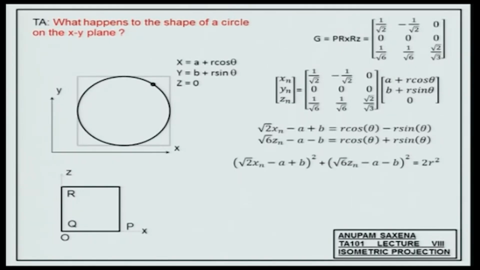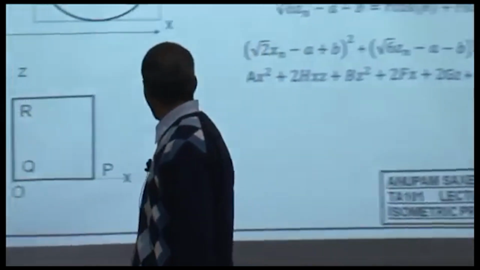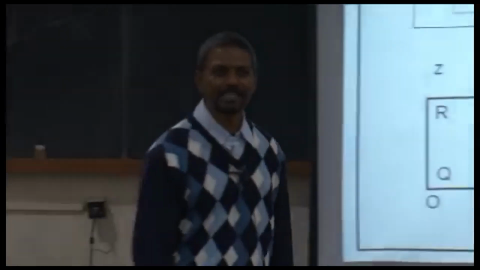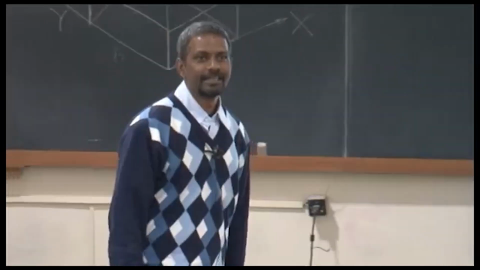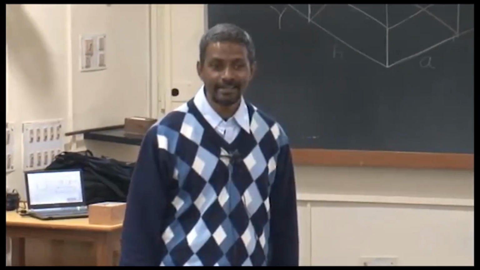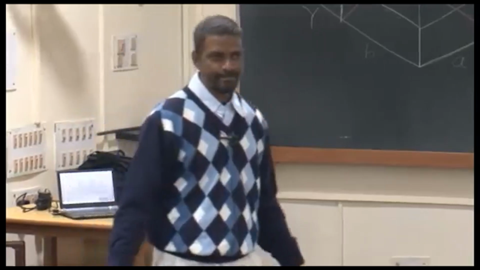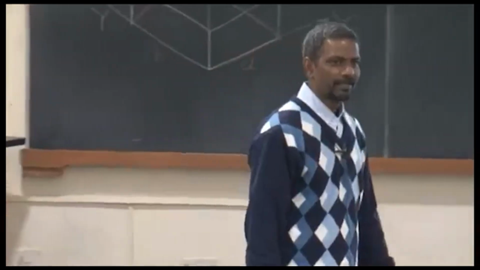eliminate theta. And then compare it with your generic equation for a conic. Get what A is, what H is, what B is. And the litmus test for an ellipse is h squared minus AB is less than 0.